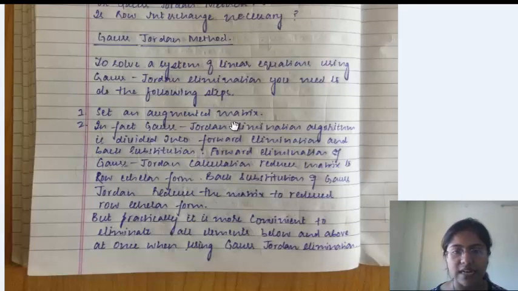First, I have set an augmented matrix, and then using Gauss-Jordan elimination method, there are 2 steps. We need to use forward elimination and back substitution, but practically it is more convenient to eliminate all elements below and above at once when using Gauss-Jordan elimination.